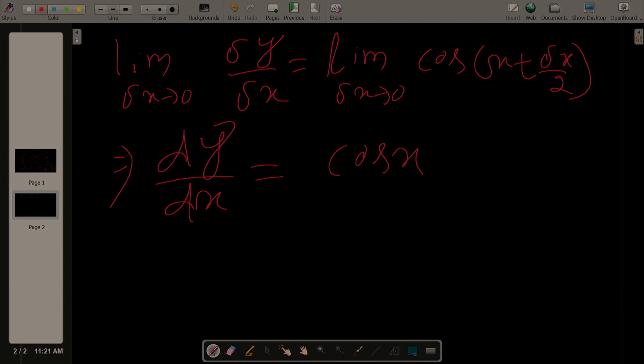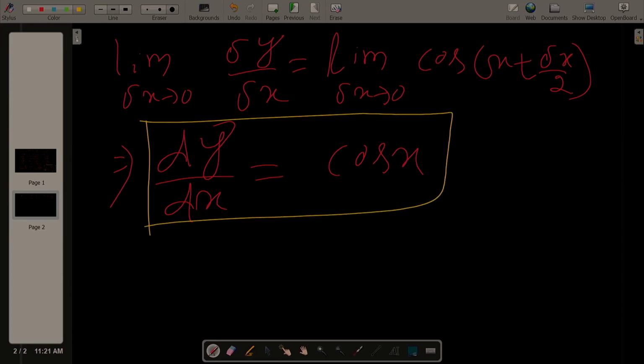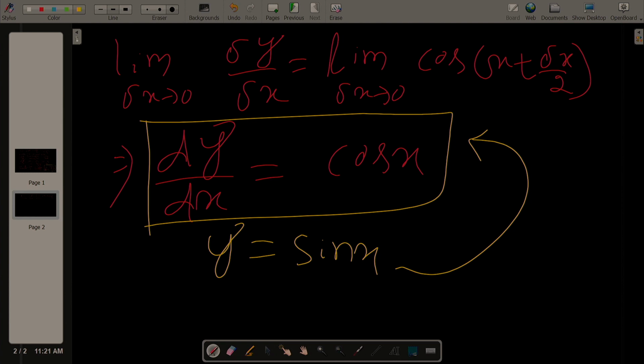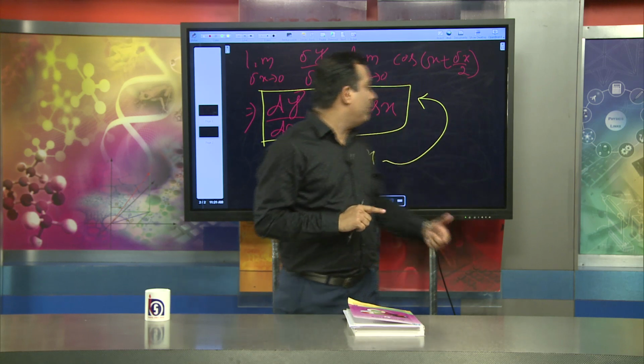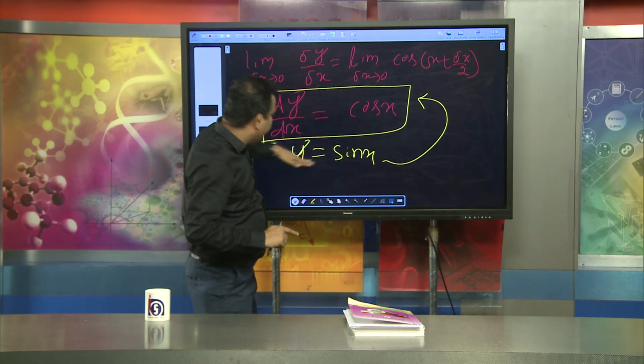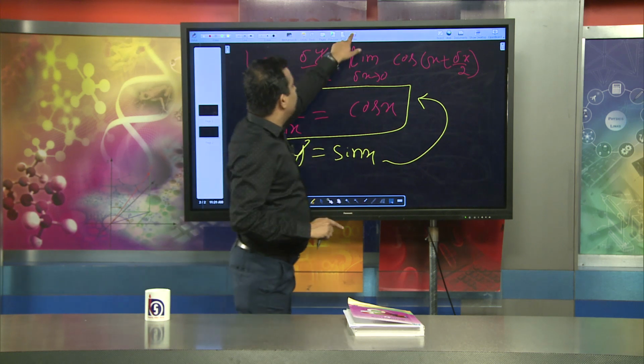That means very simply, if y equals sin x, by using the first principle we find dy by dx equals cos x. This is the first formula, and that is very important.